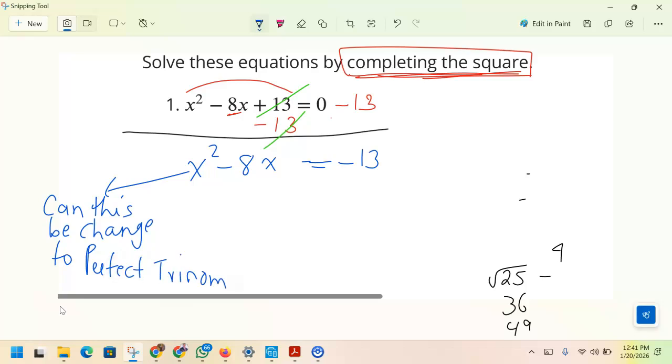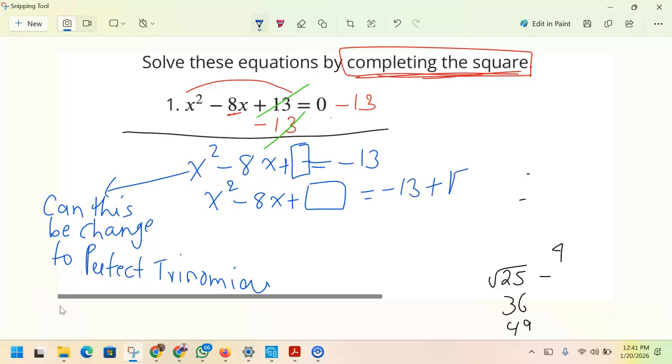To those who forget, you want to make sure that there should be a third term. See, something is missing here. You see, I put a box here. So what I'm going to write one more time: x squared minus 8x plus, and I'm going to put a box here. If you put some number there, you have to also put it on the right side. So the question is, what goes in the box?